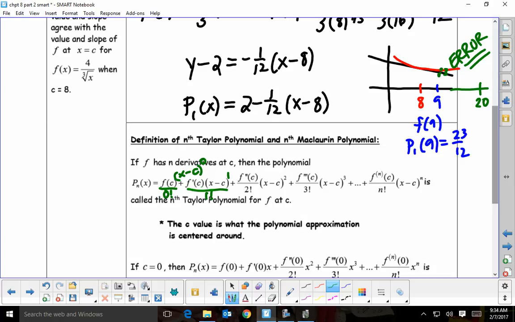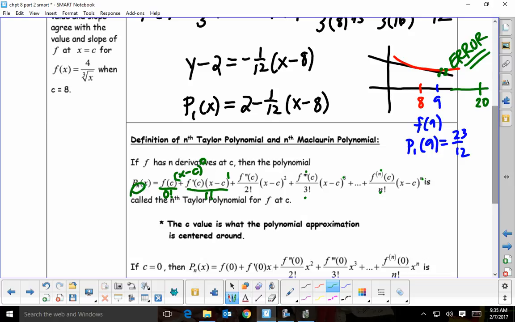No. Then I take the second derivative, x minus c to the second over 2 factorial. Then I take the third derivative, x minus c to the third power over 3 factorial. See how they match? And you keep going as far as you want for that degree.